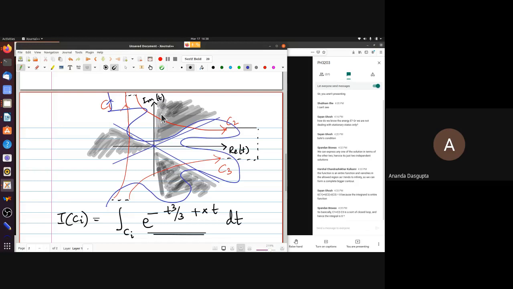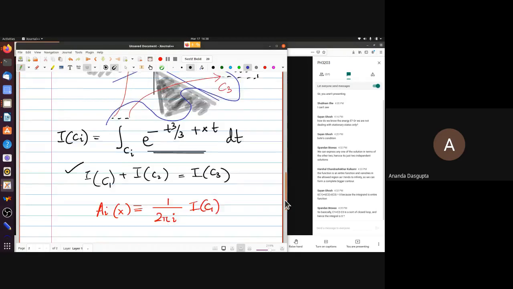And that is something you already know, right? You can deform a contour as long as you do not cross any singularities. And here there are no singularities to cross. So any such contour will be C1, and the integral over C1 of this integrand, e to the minus t cubed by 3 plus xt, is exactly what is defined to be the first Airy function Ai.